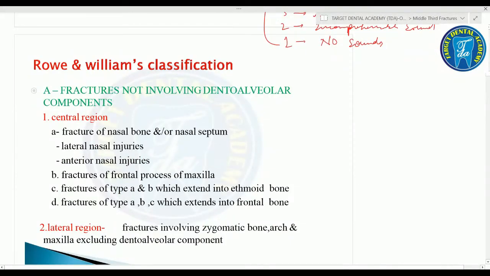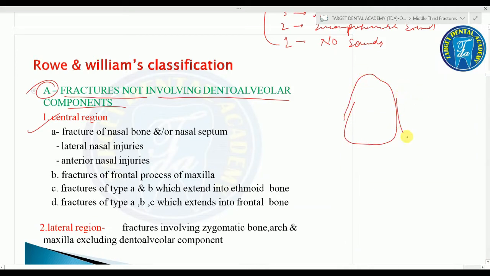Coming on to the Rowe and Williams classification. So in this we have 2 components which involve A and B. See, A is the fractures not involving the dentoalveolar components. In this we have a central region and we have the lateral region.